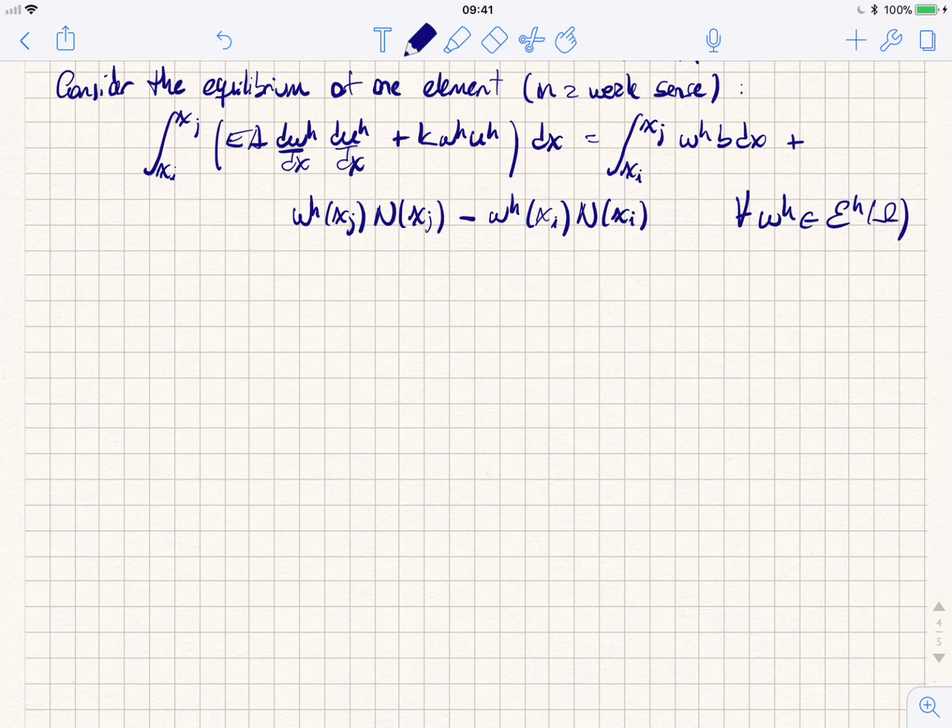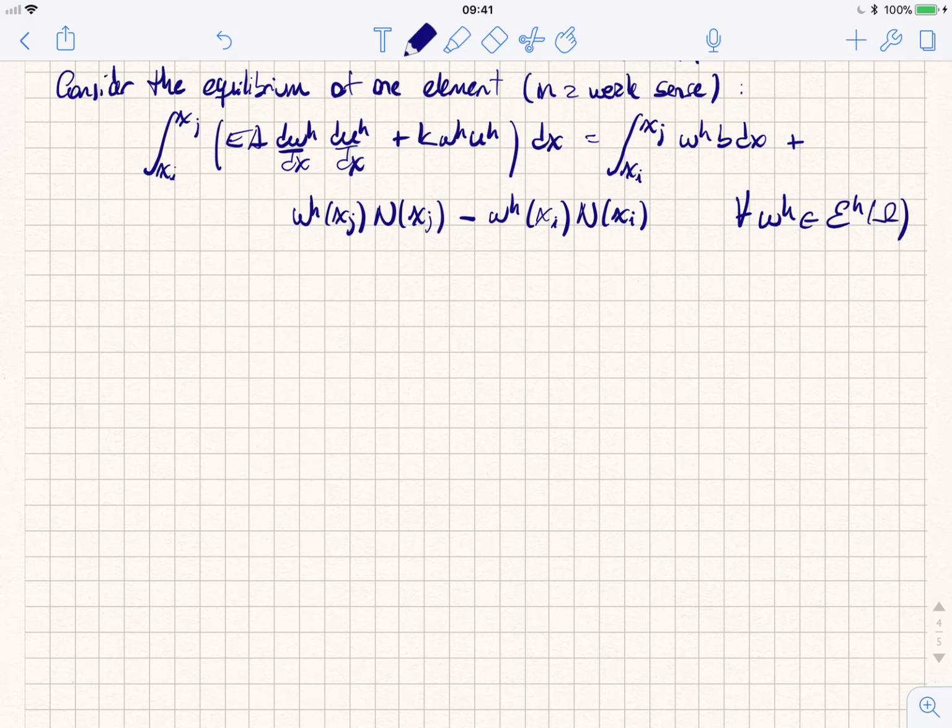Okay? This is not a strong form. This is a weak form, and you see that it is a weak form immediately. If you look, these here are the boundary terms. And also you see that the derivatives have been balanced. Sorry, I was confusing strong. No problem. So this is our local statement of equilibrium, or our weak equilibrium for that little element.